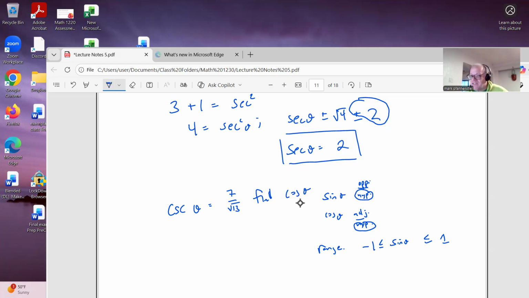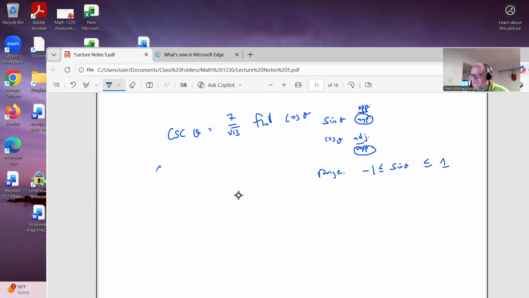So we're kind of stuck as far as this goes. Why don't we start using a couple of different things? Cosecant is equal to 7 over the square root of 13. That means that sine is 1 over cosecant, so it's 1 divided by 7 over the square root of 13.